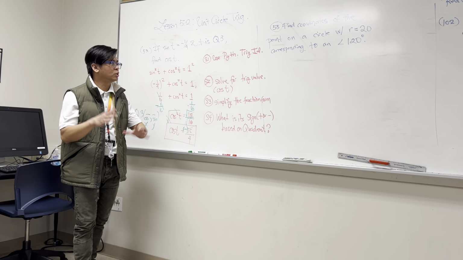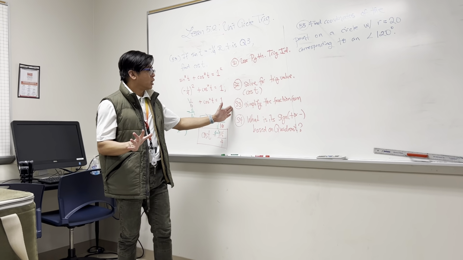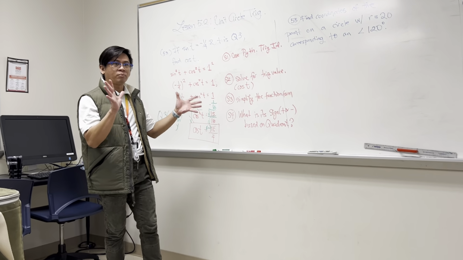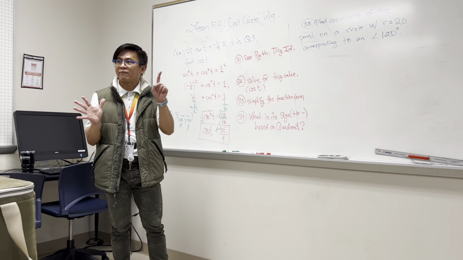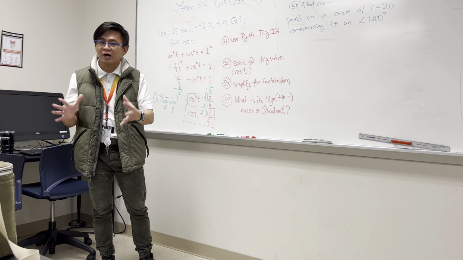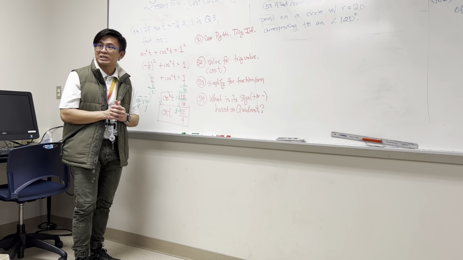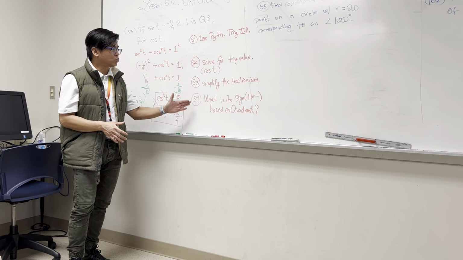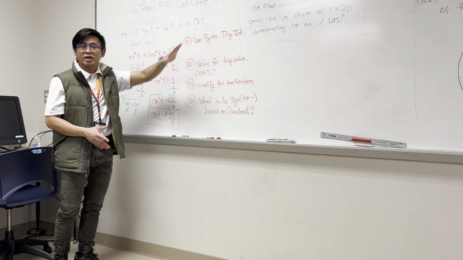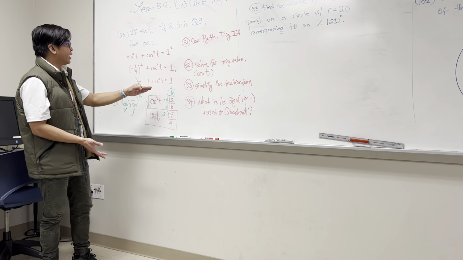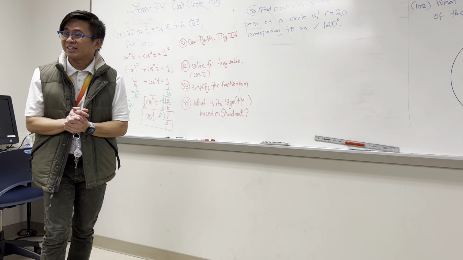Step number 2, solve for the trig value, as we said. Simplify. If it's in fraction form, simplify in such a way that the denominator should not have a radical sign anymore, right? If not, what do we do? Multiply both up and down by the square root of whatever the denominator is, right? Next one, sine. Is it plus or minus? Depending on the quadrant. In here, it just so happens it's the third quadrant. Hence, both sine and cosine are negative.